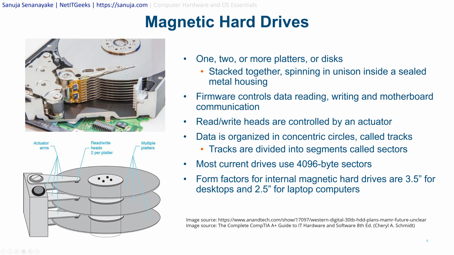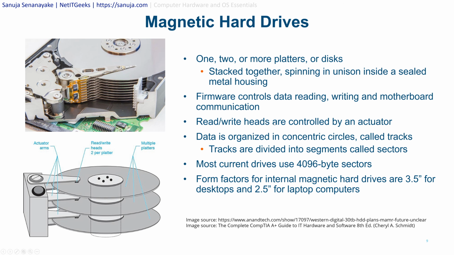You will have a bunch of platters or disks connected to a motor in the center, spinning at the same speed. And a firmware controls how data reading and writing happens, as well as how it communicates with the motherboard.